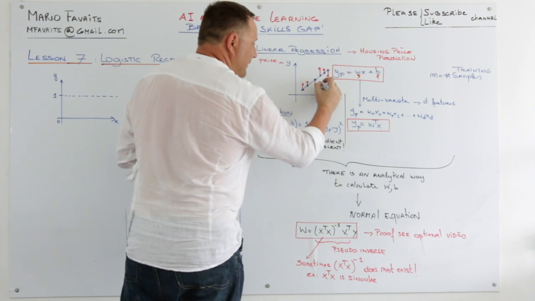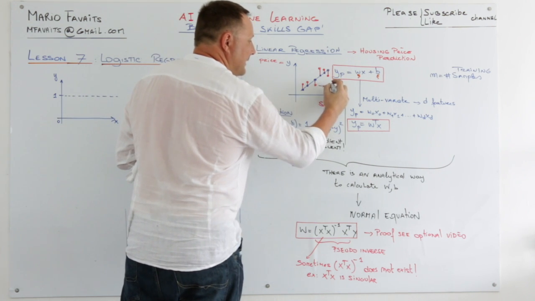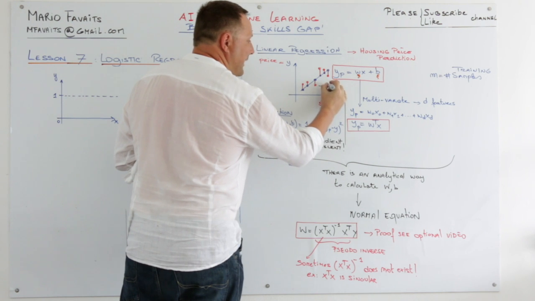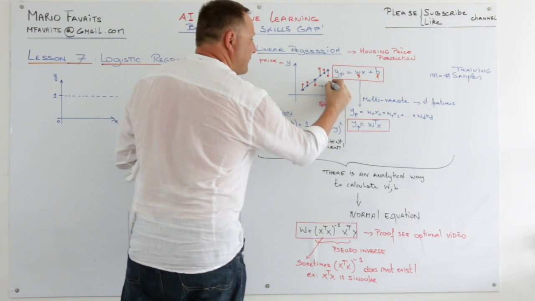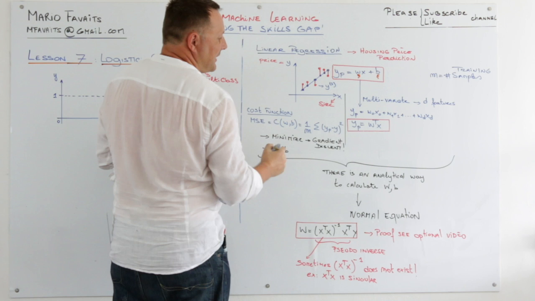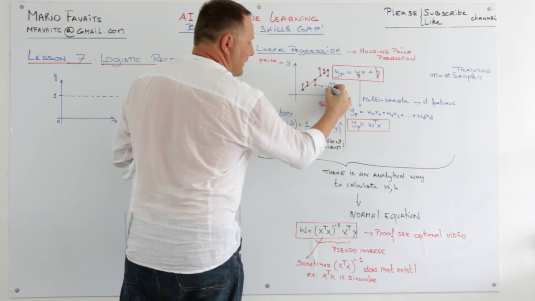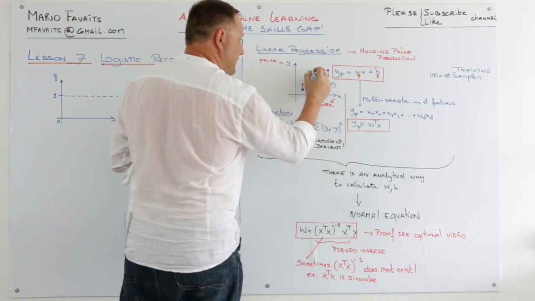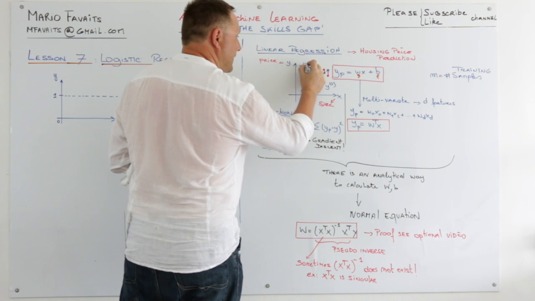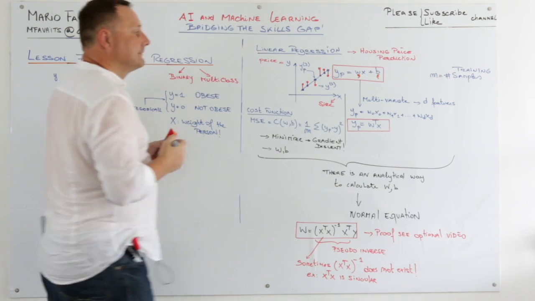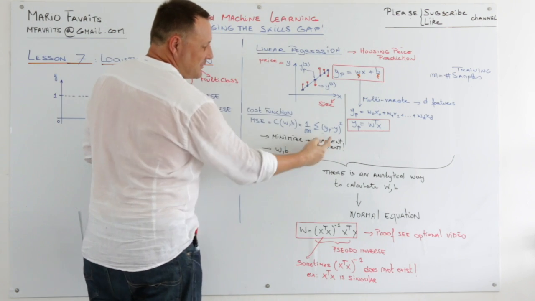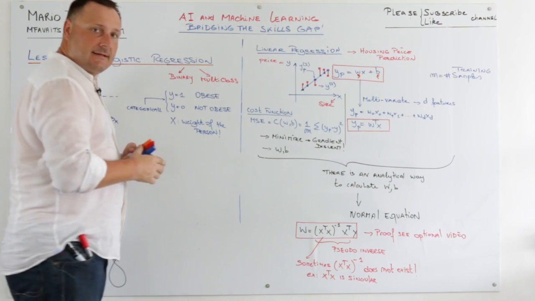Because, for example, this dot would be Y, the 3rd sample, Y3 real, whereas this point would be Y3 predicted. Well, the blue point is predicted.